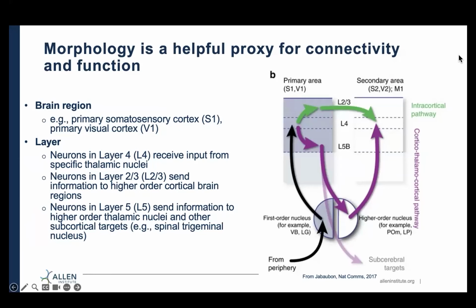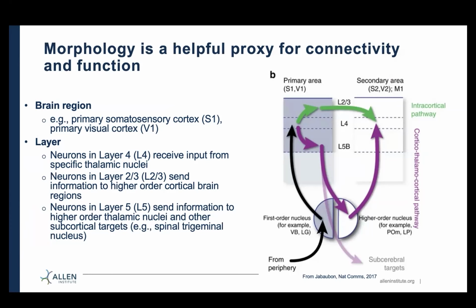One of the important things that we get excited about with morphology as a component of defining cell types is that the distribution of dendritic and axonal branches, and also the anatomical location of the soma, give us clues about which neurons they exchange information with and the functional role that they might play.